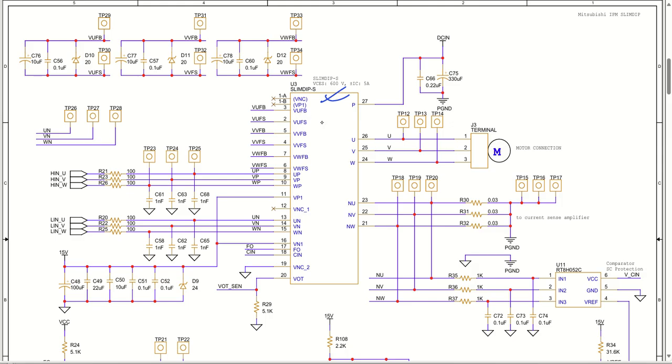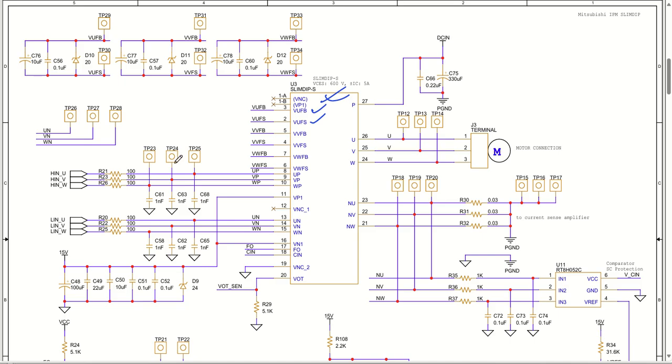This is positive, this is negative, and this is designed with this particular circuit. You can see we have a capacitor, a filter capacitor, and a clamping diode as well. These two are test points. All these, TP29, 30, 31, 32, wherever you see in the circuit, are test points.